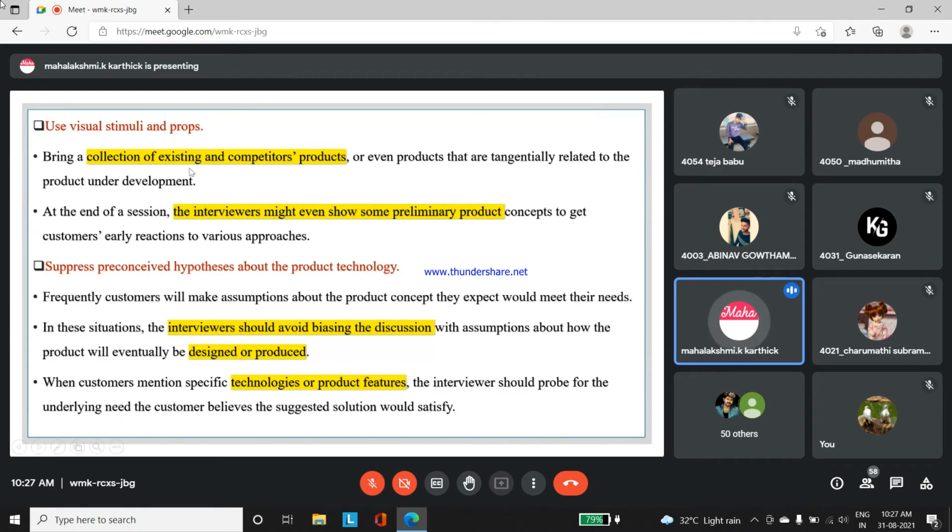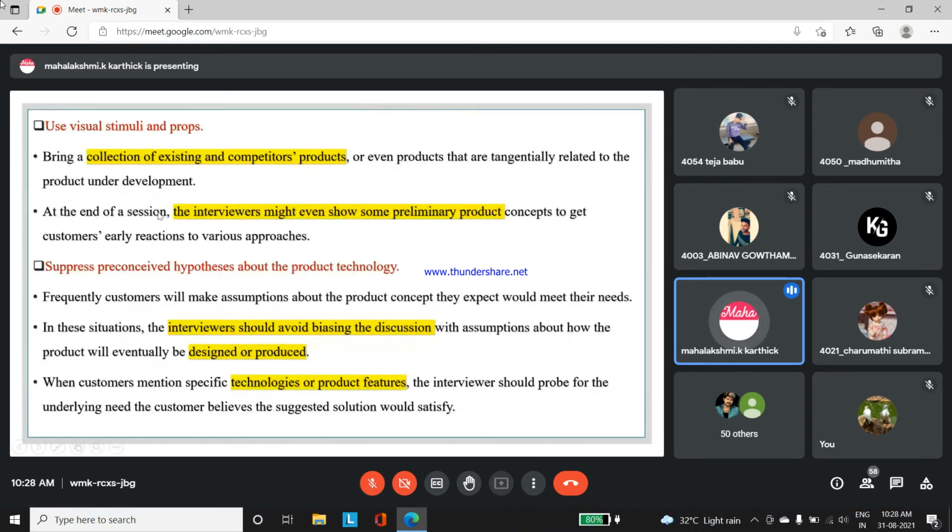So bringing a collection of existing and competitive products, even products that are tangentially related to the product under development. Tangentially means relating only slightly to the matter. For example, in our product we have added so many additional features which are not present in the competitive products, but most of the standard parts and standard features are followed from Samsung. You can promote it like that.